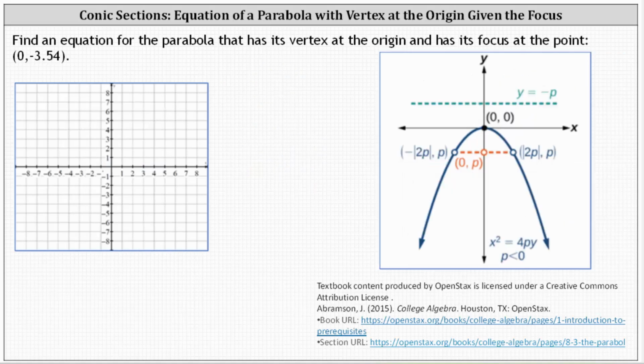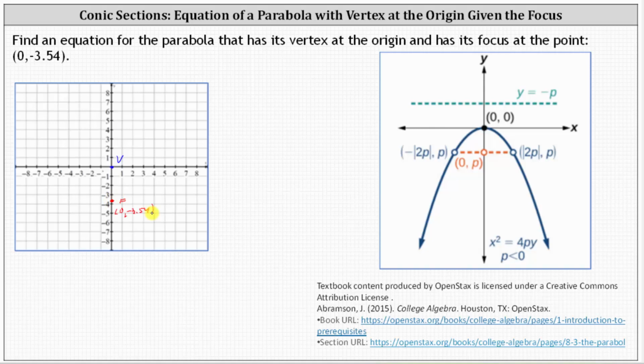Again, we're asked to find the equation of the parabola where the vertex is at the origin, and now the focus is the point (0, -3.54). So again, we know the vertex is at the origin, and now the focus is (0, -3.54), approximately here.